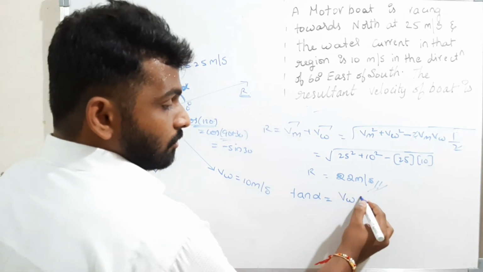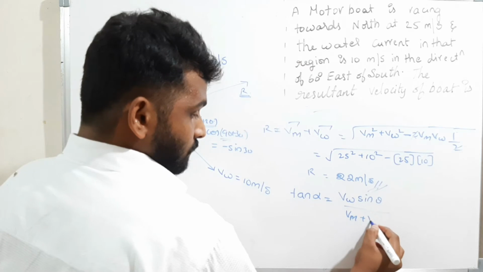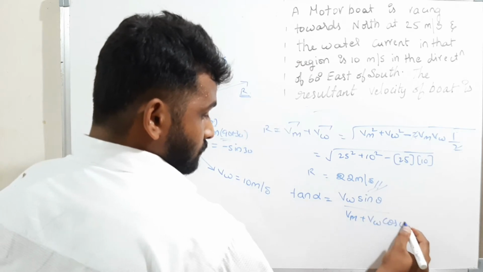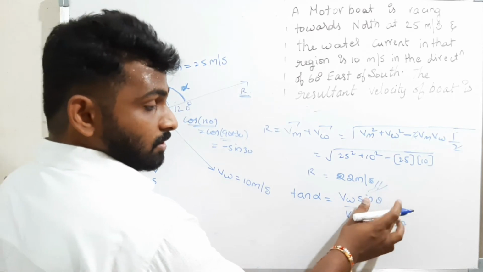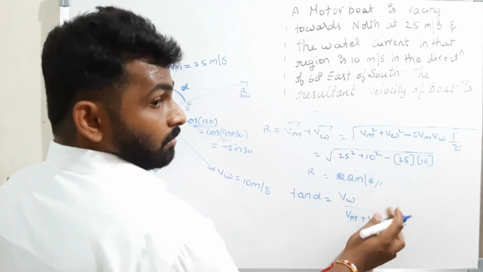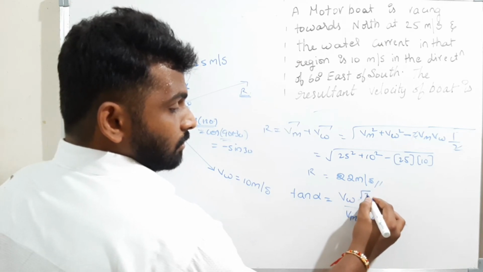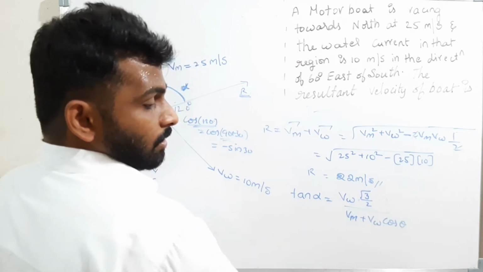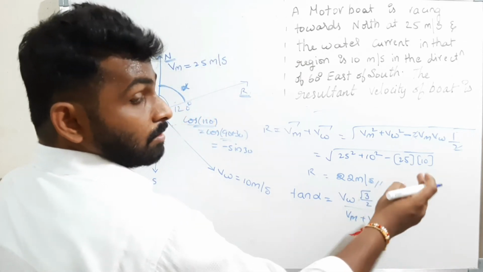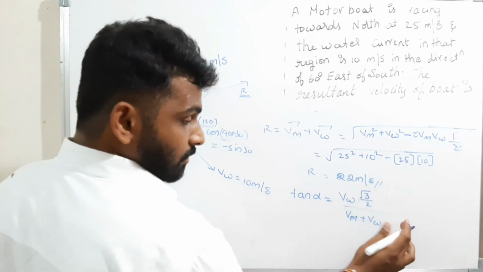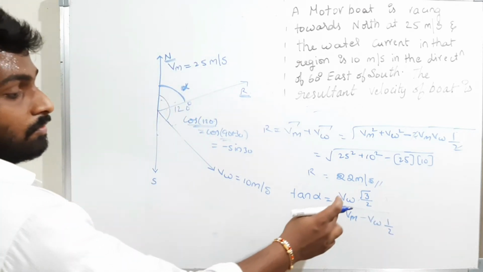Therefore Vw sin theta by Vm plus Vw cos theta. Sin 120 means cos 30, and cos 30 is root 3 by 2. Cos 120 means minus sin 30, which is minus 1 by 2. And the velocity of water is 10.